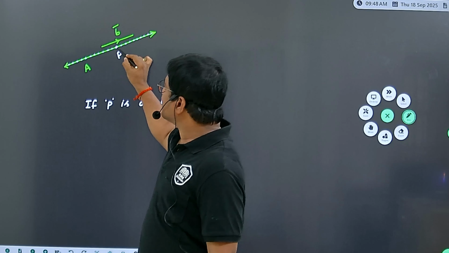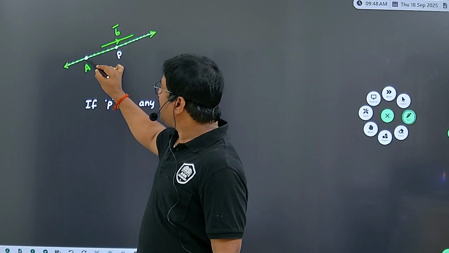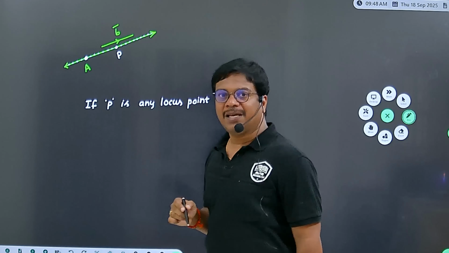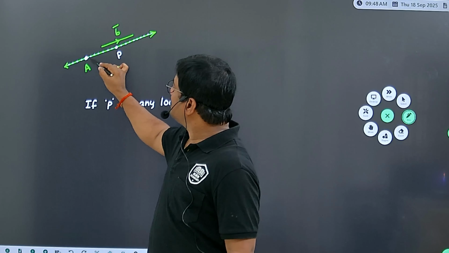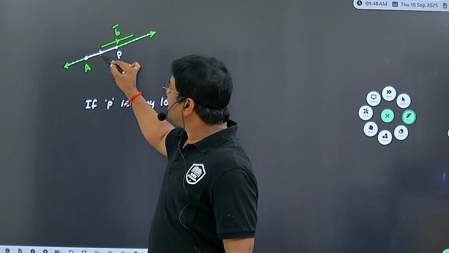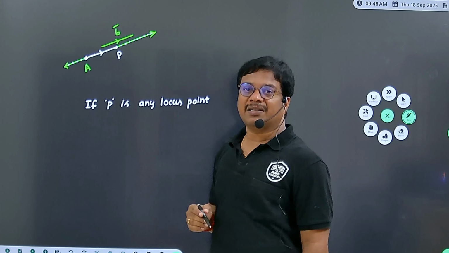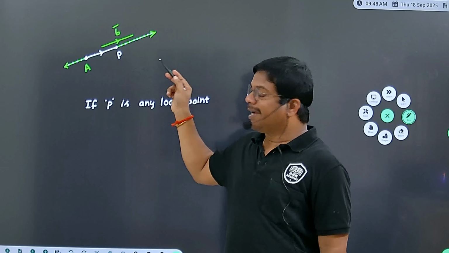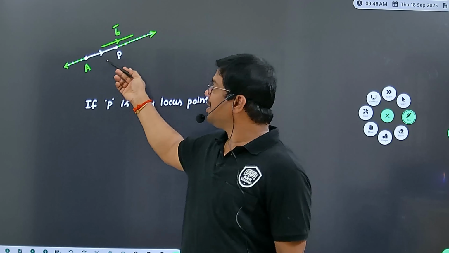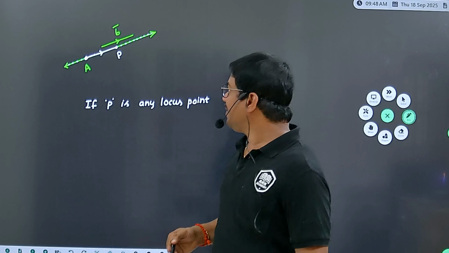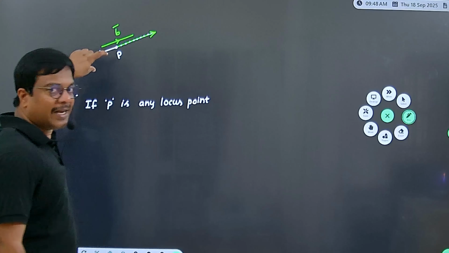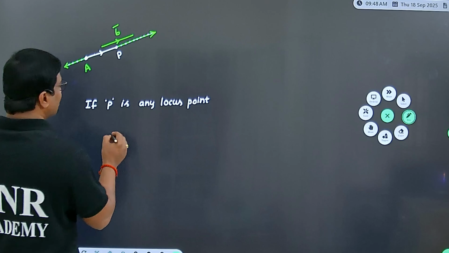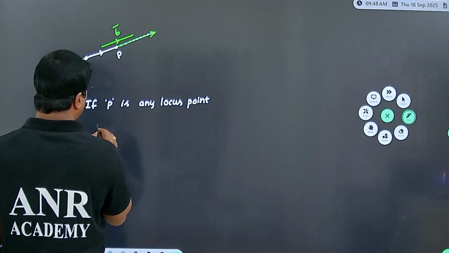When you select locus point P and already given that the line is passing through a point capital A, joining these two we get a straight line which is AP vector. If you join A and P, there is a line segment. If you mention the direction from A to P or P to A, whatever, then you will get a vector AP which is clearly parallel to another vector B bar. So that I can write geometrical condition now.